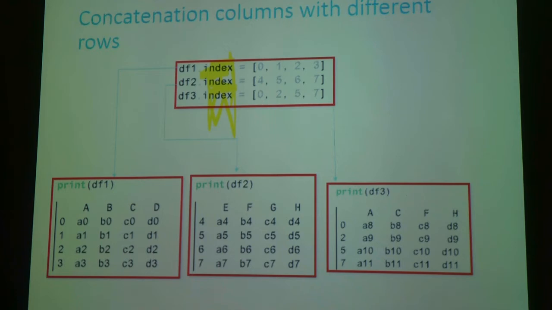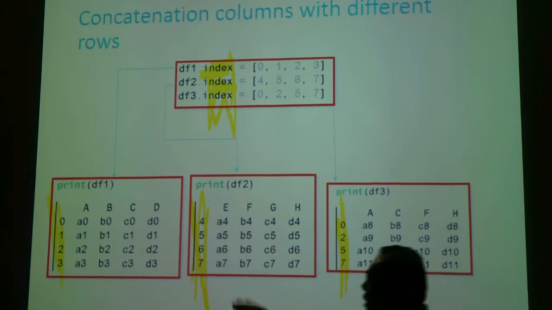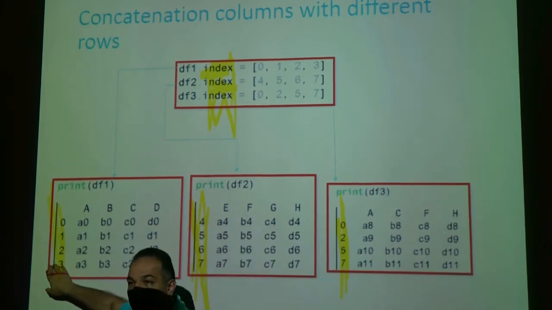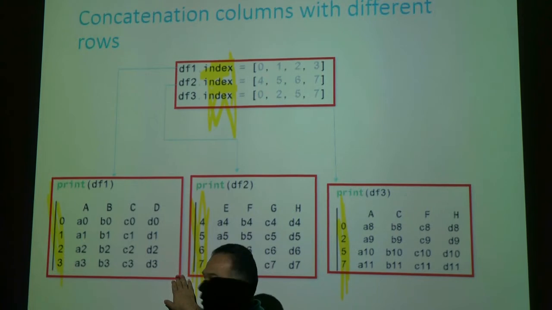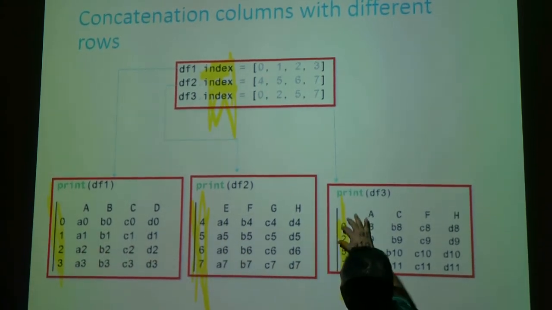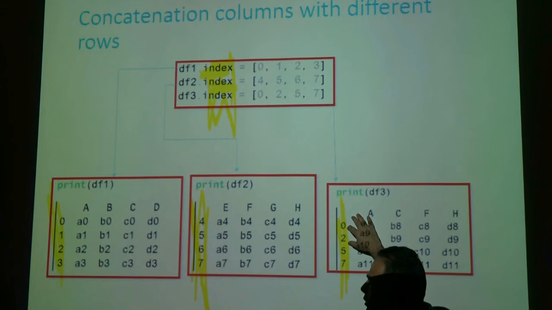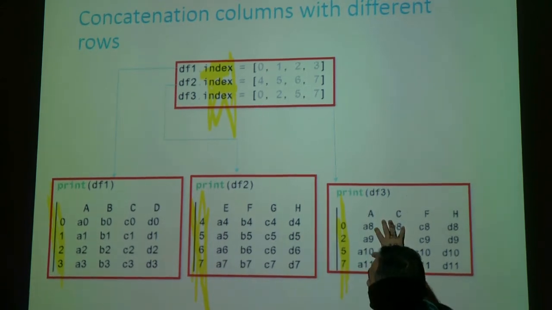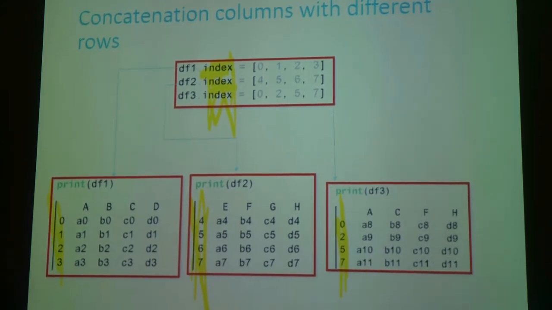In data frame 2 and 1, how many indices are intersecting? Nothing. How about data frame 1 and 3? 2, 0 and 2, right? And this one and this one? 2. Alright?